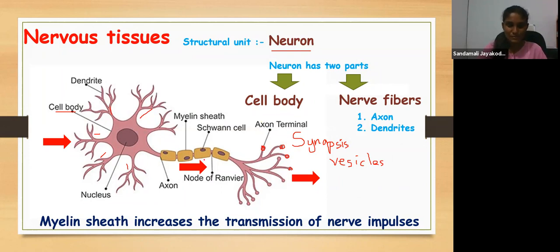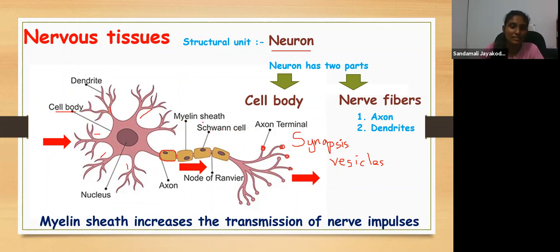And then we have some special features here. We have to learn about these objects. These yellow colored parts are named as myelin sheaths, or the single part of it, a single object of that is named as Schwann cell. It is not given in our book, but just remember that name. That is just like a cell.